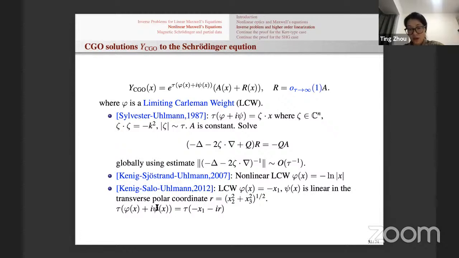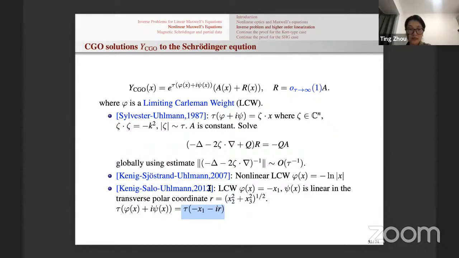in terms of the cylindrical coordinates of the space and constructing this phase for the exponential, where r here is the polar variable.